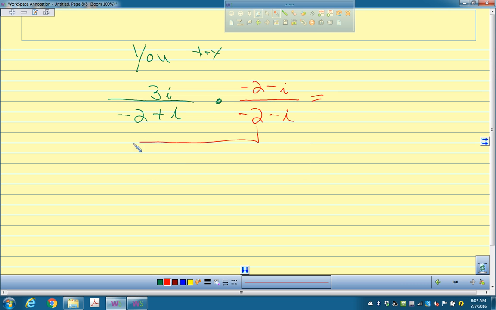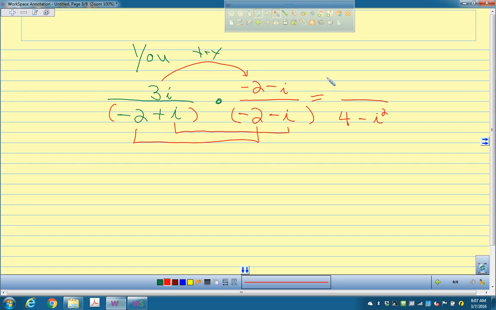So this times this, right? That's 4, right? And this times this gives you negative i squared. Usually you have to worry about the middle part, but when you're multiplying conjugates, the middle part disappears. So I'm not even going to put that there. Just understand that there is a minus 2i and a plus 2i that are being multiplied together, but they cancel each other out.